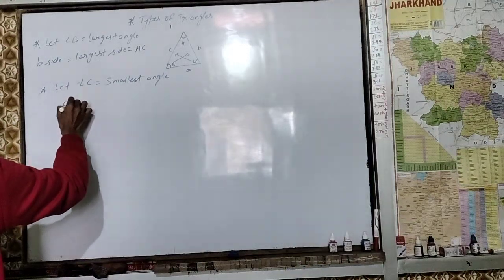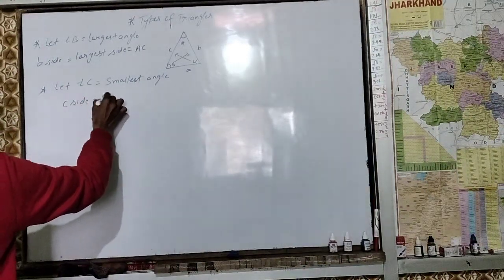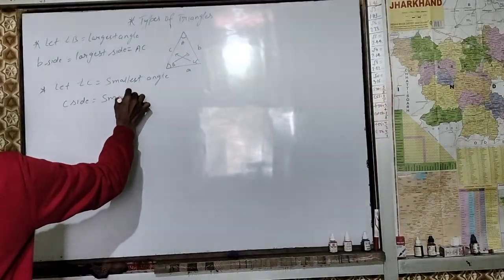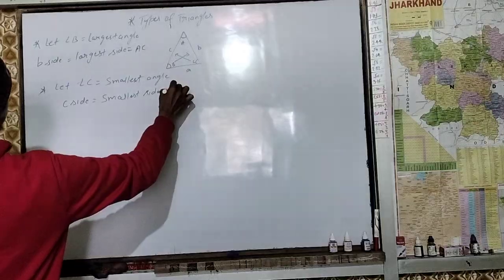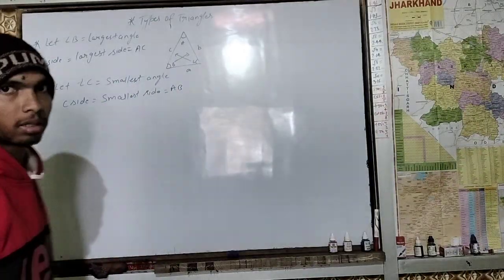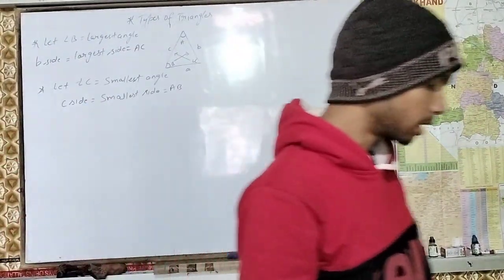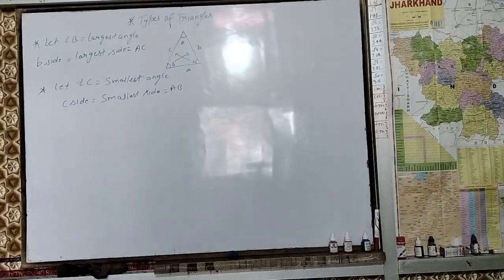So side c will be the smallest side, which is equal to AB. This was another thing.